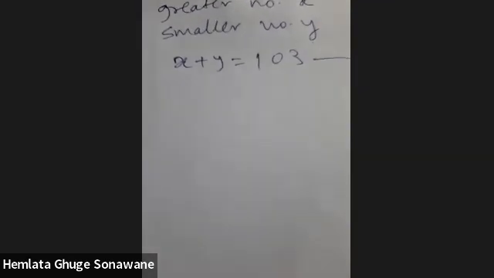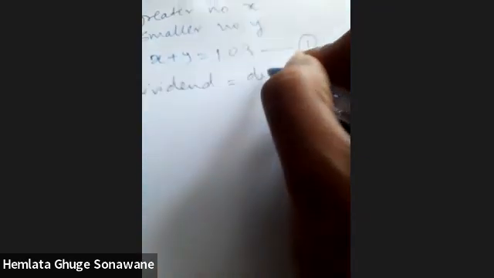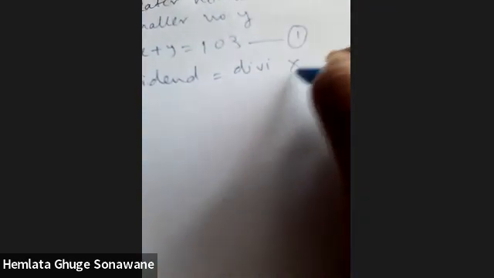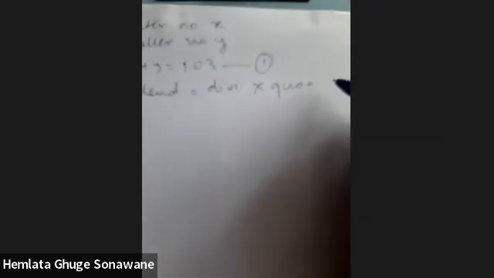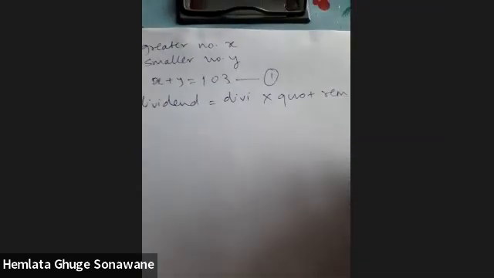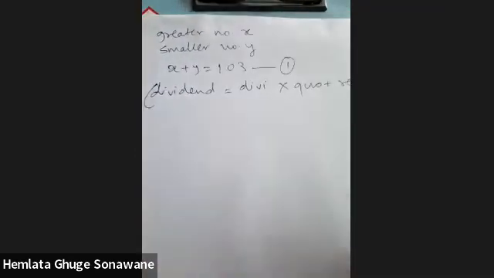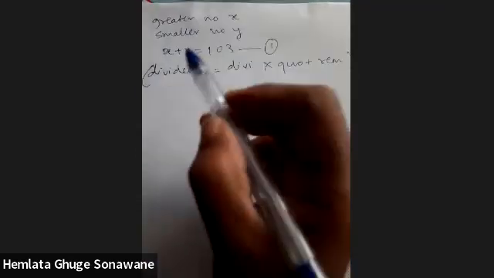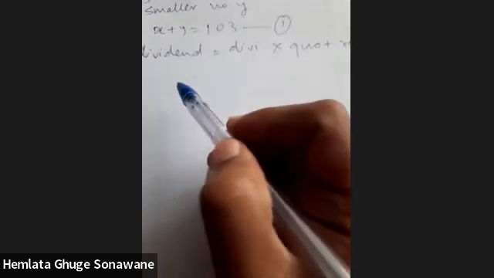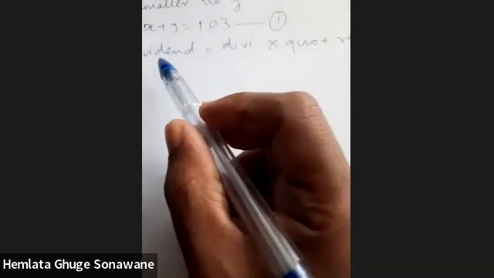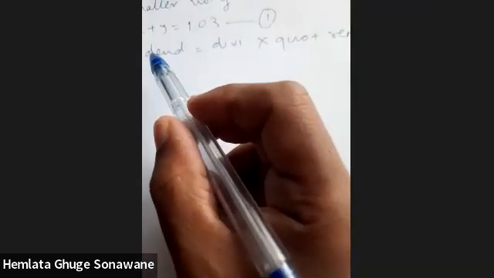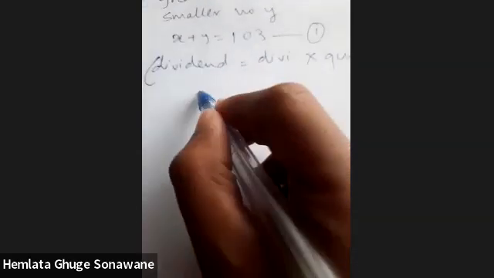Now we know that dividend is equal to divisor into quotient plus remainder. Okay, this we know. So what we'll do? We'll put the values in here. What is our dividend? That is our greater number, so x.